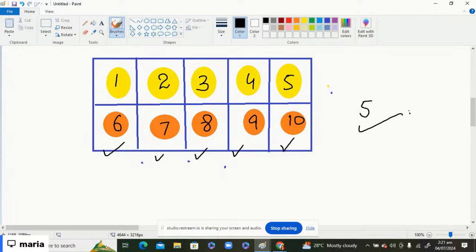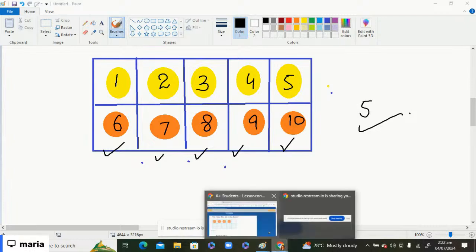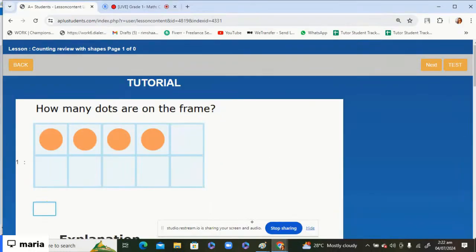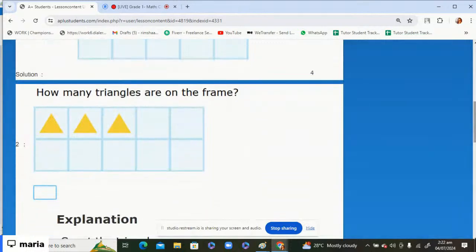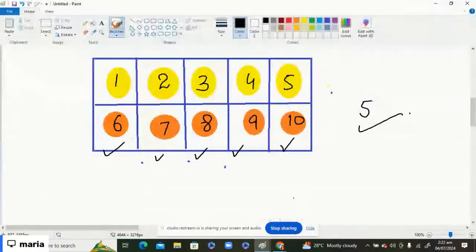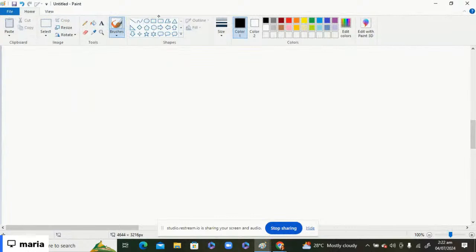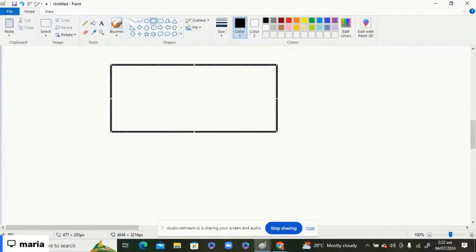Okay, this is the way that we solve all these questions. Now let's just do it. If I'm going to draw here a frame, I'm just not using any 10 dots. Let me just draw a random one.